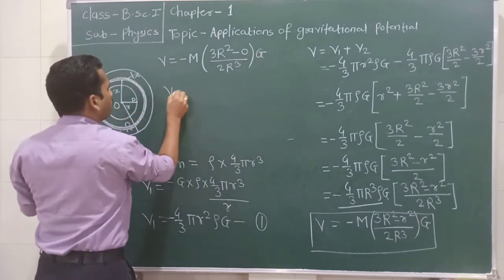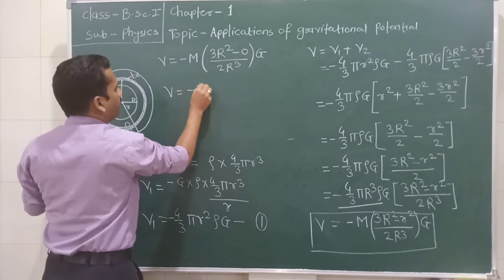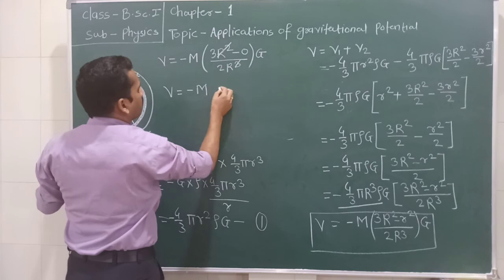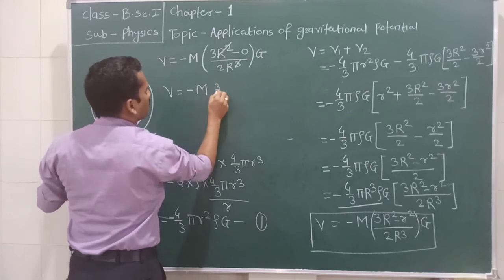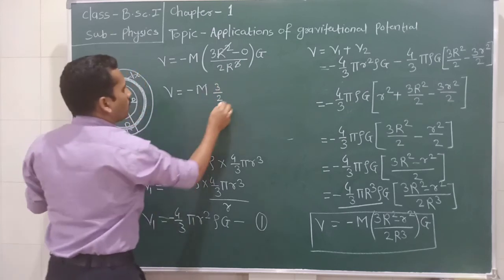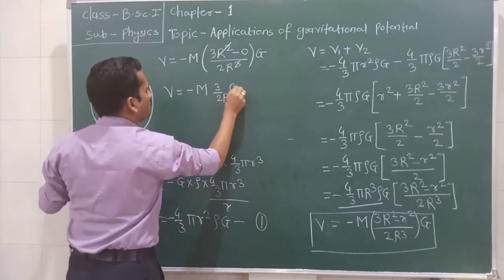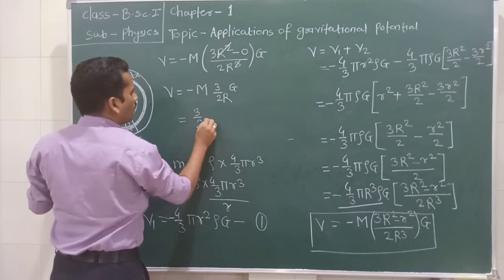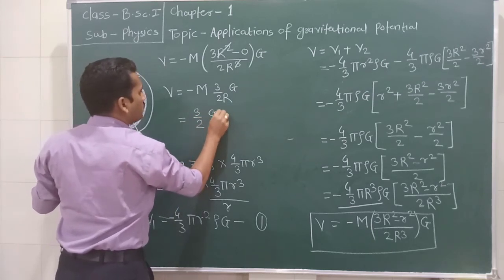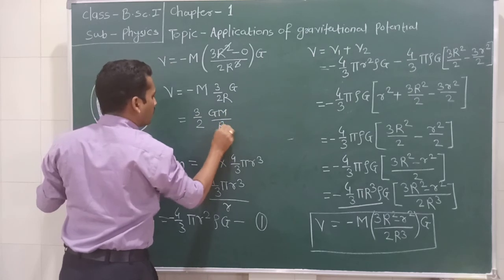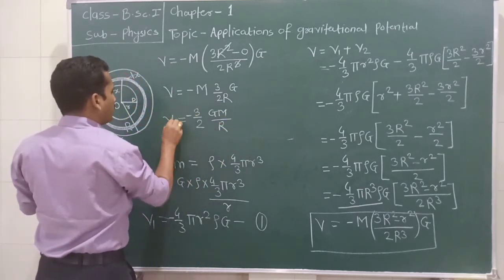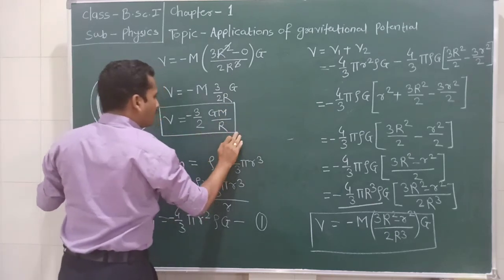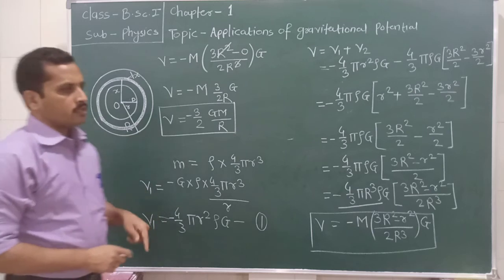So we can write V is equal to minus M into R square, and this cancels, therefore it is equal to 3 by 2 times GM divided by R, with the minus sign. So this is the gravitational potential at the center of the solid sphere.